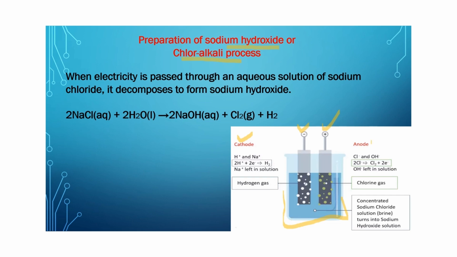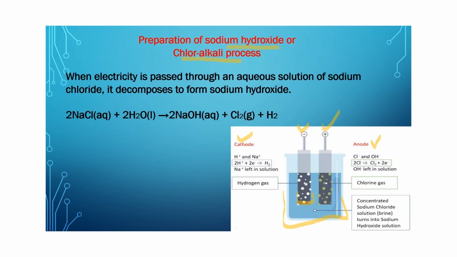Right. At the anode, oxidation will take place. So the chloride ion will get oxidized and liberated at the anode. Now we are left with only sodium and hydroxide ions in the solution. Now these two will combine together to form sodium hydroxide, which is formed near the cathode. Right.